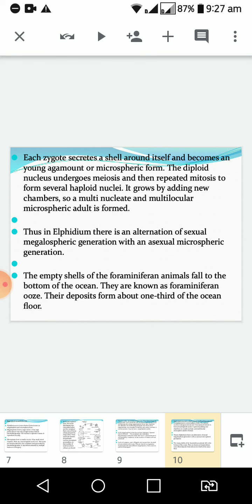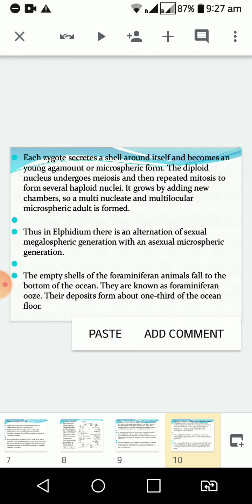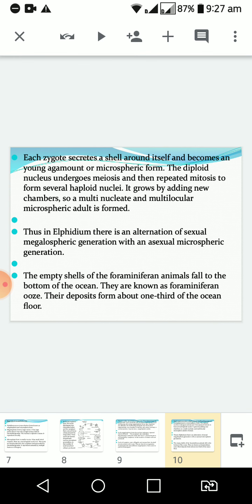Gradually, one by one, new chambers are produced, and a multinucleate, multilocular microsporic adult is formed.